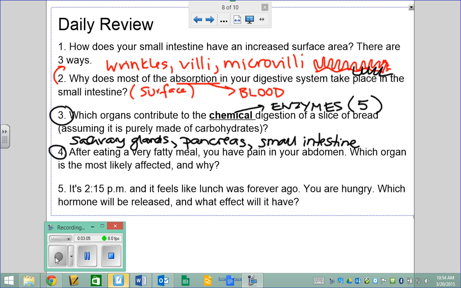Now for question number 4, there is more than one answer that is correct. The thing I want you to key in on is that I said the meal was very fatty. So would anyone like to suggest an organ that has to do with digesting fats? And there's more than one thing that's correct here. I'm going to ask you guys because you all had a different answer and I said you were all right. So Morgan, what did you say?